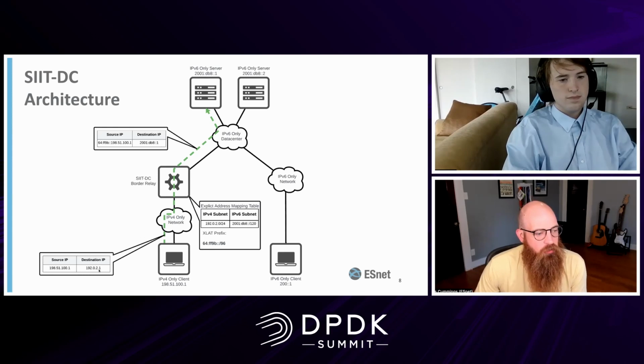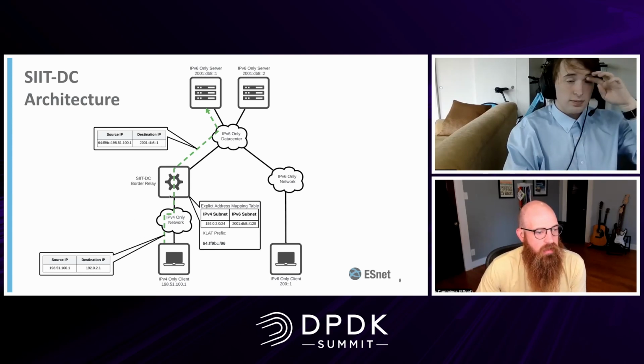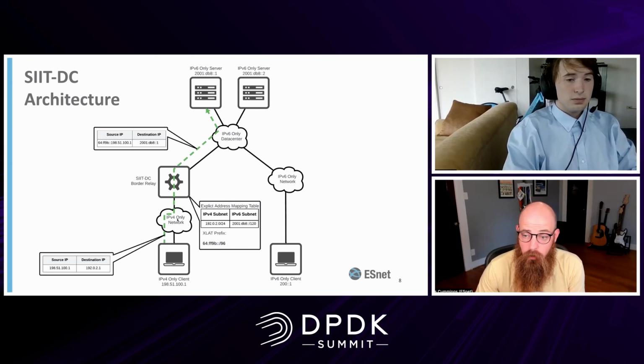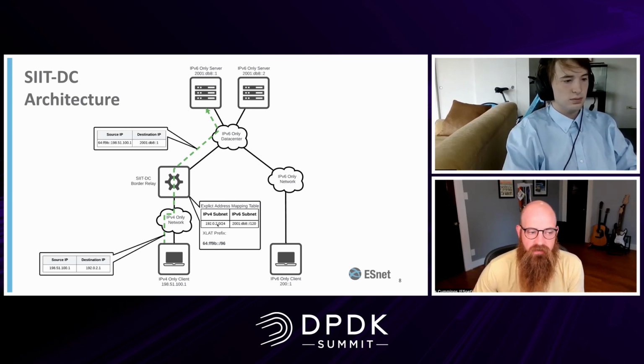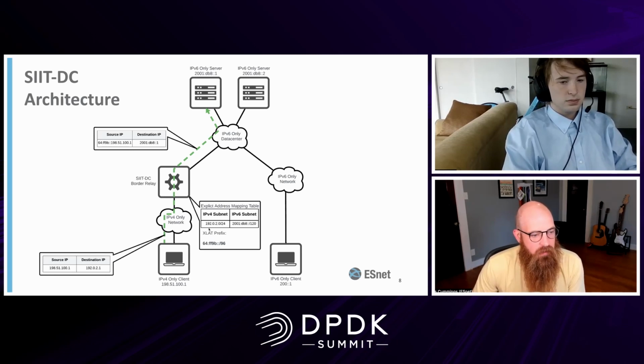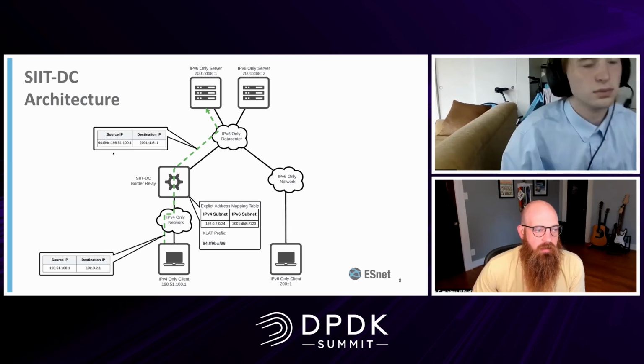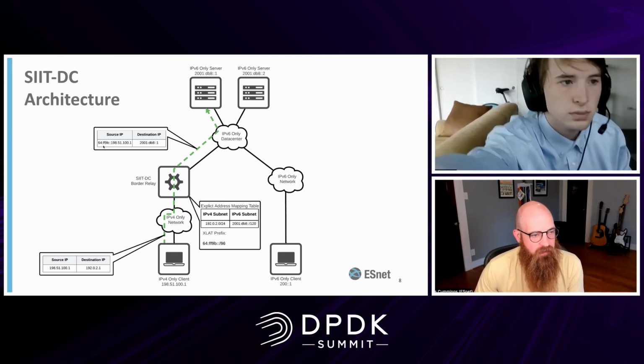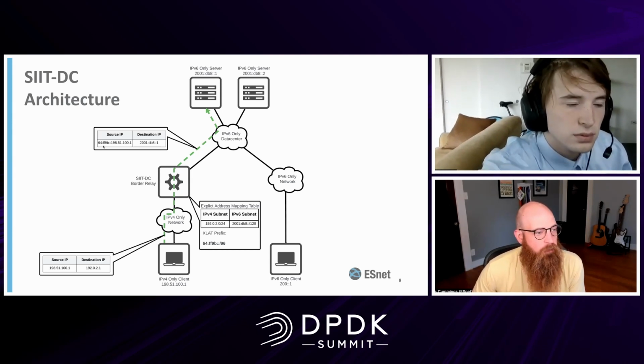Destination IP of 192.0.2.1, which is basically through the IPv4 only network announced as a prefix that the network just knows how to get to, basically this entire /24. And that packet is going to leave this IPv4 only client, go through the network, end up at the border relay via normal IP routing and Ethernet forwarding mechanisms. And the relay is going to receive that. It's going to look that up in the explicit address mapping table, and it's going to perform the translation on the IP header. So this is just a basic, again, TCP UDP style packet.